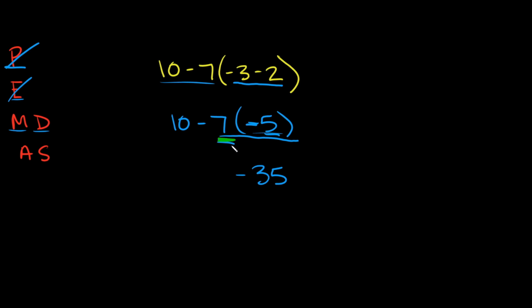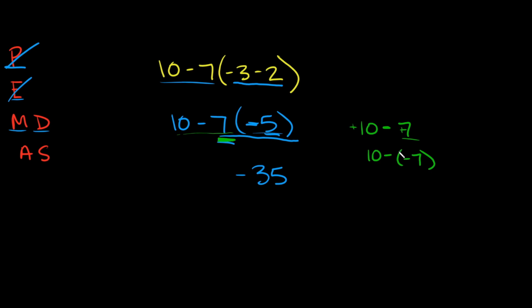Also, I just want to point out one thing really quick. This 7 right here is not negative 7. It's a positive 7. How do I know that? Well, let me just rewrite this part right here. This 10 minus 7. This is a positive 10 and this is a positive 7. Okay, I'm just subtracting the two. If this 7 was negative, I would have written it and you would have seen it as 10 minus negative 7.